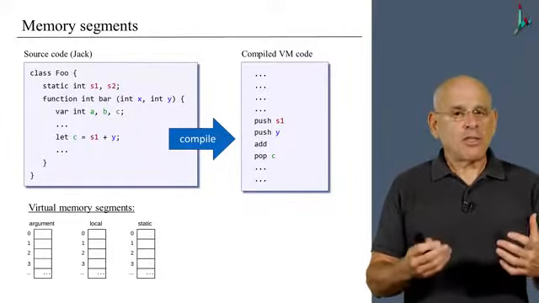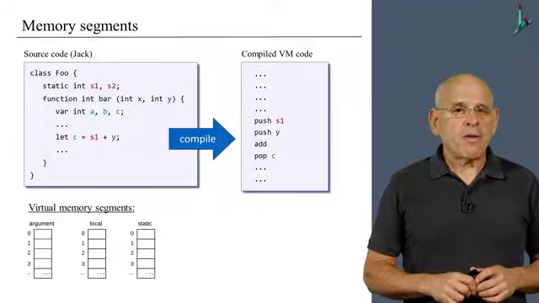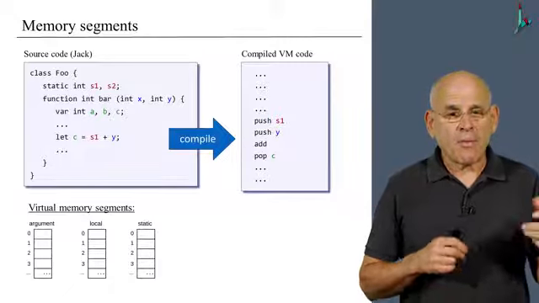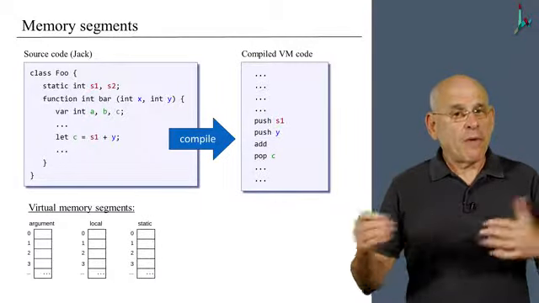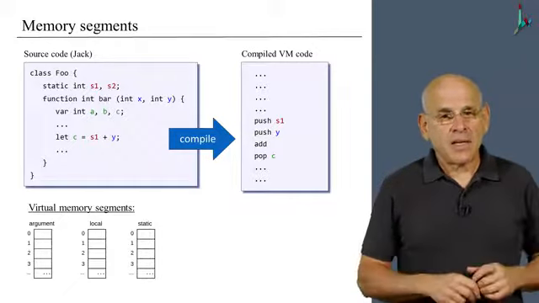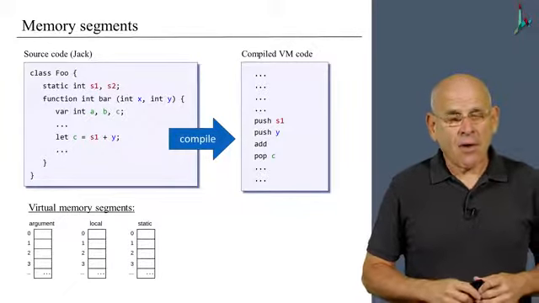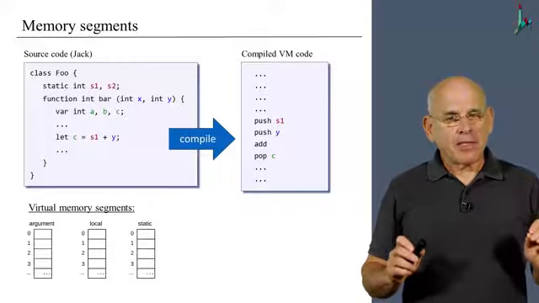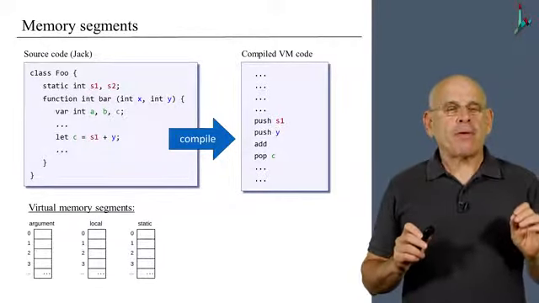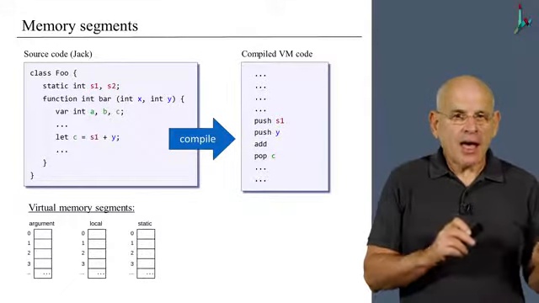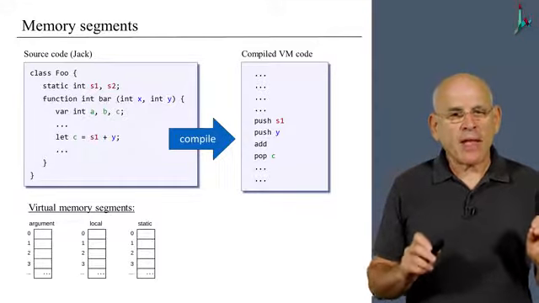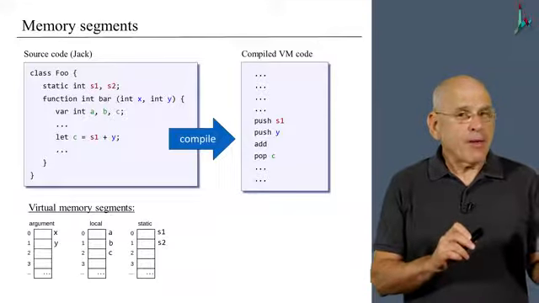So our stack machine is going to be equipped not with a single memory segment, as we had so far, but rather with several memory segments with names like argument, local, static, and a few more, as you'll see later on. Once we have these segments in place, the compiler can map the variables of the high level on these segments, and in this particular example, we'll get this particular mapping.